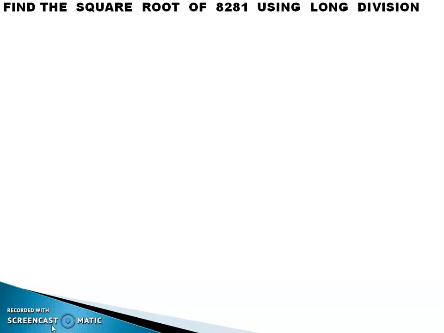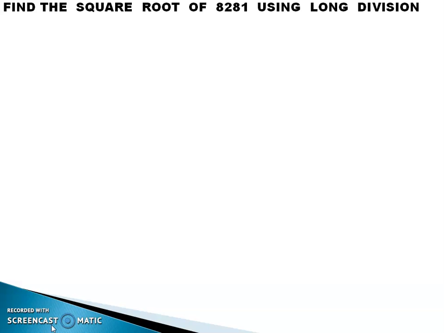Find the square root of 8281 using long division. Once again, read the question. Find the square root of 8281 using long division method.